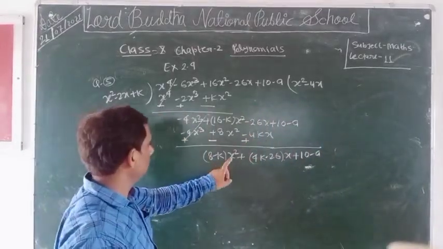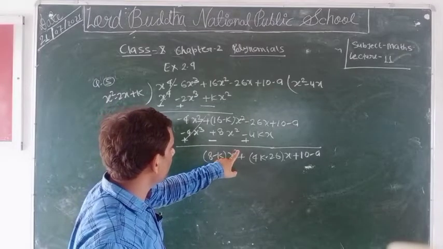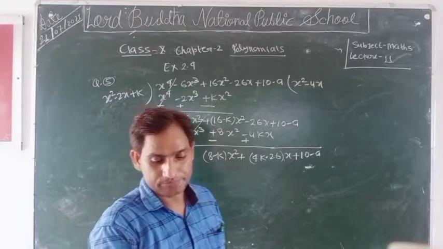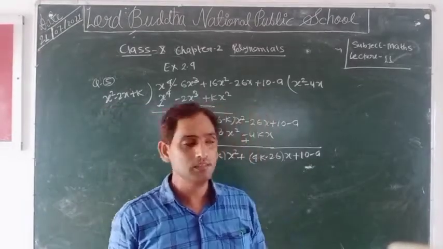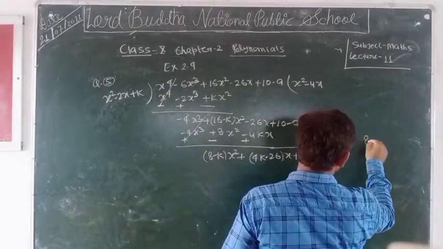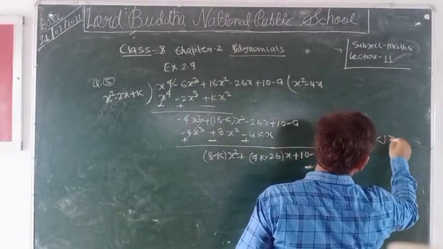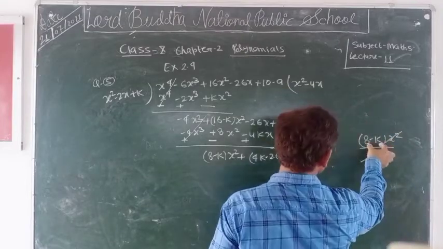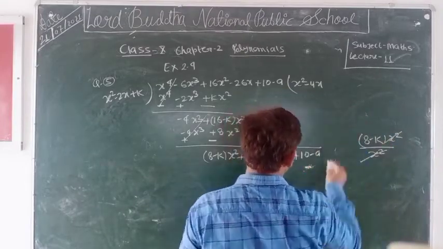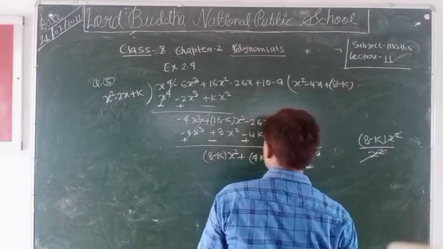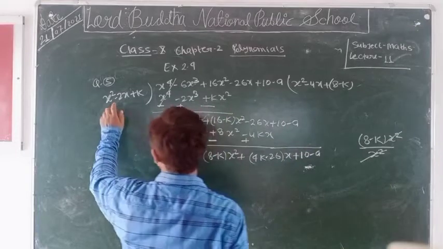Now in the system we see that here the highest power is x square and here also x square. Now we divide 8 minus k x square upon x square. X square cancels. Here we write 8 minus k in the quotient. We multiply 8 minus k to these two terms.